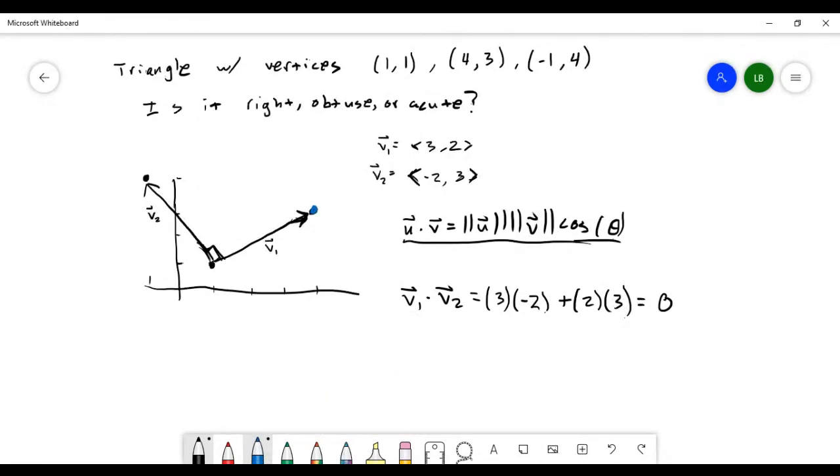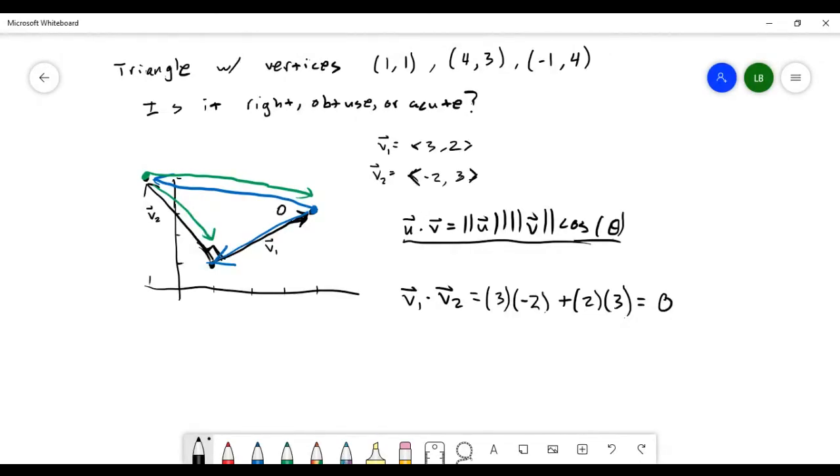We could look at the vectors coming from the second point to here and going to there. Or again, we could look at vectors going from this third point down to here. It's important that we get the vectors originating from the same point, because otherwise it's going to flip some signs.